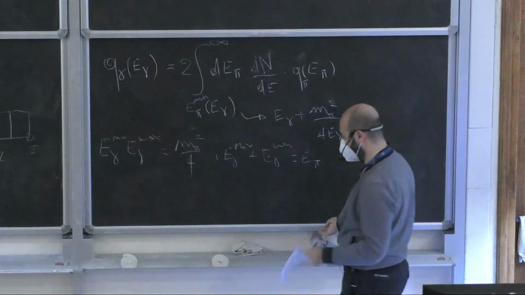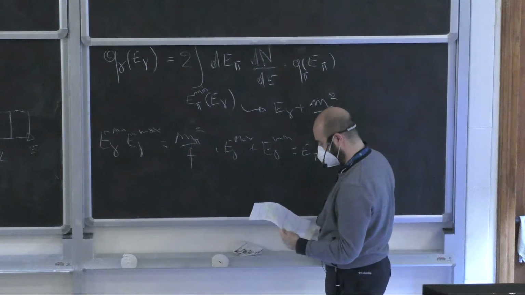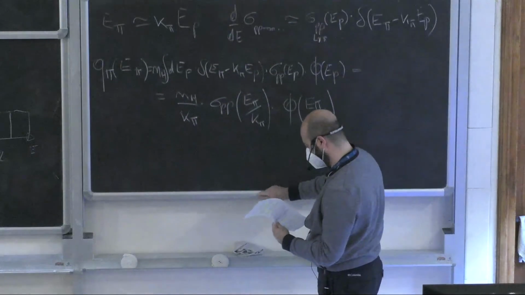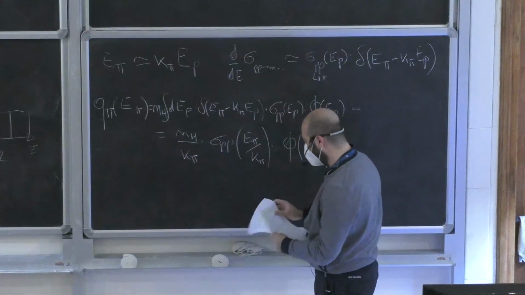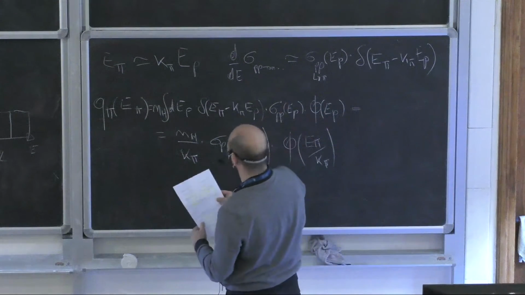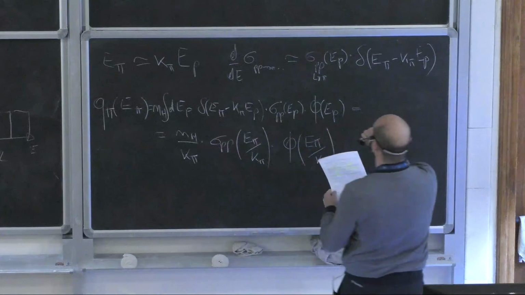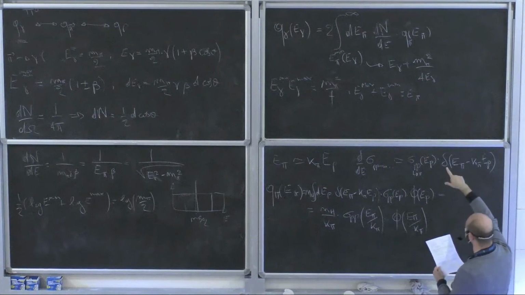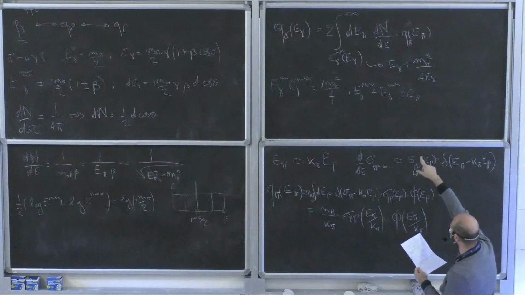So for a given energy E pion, the maximum energy of the photons you can write as E pion minus E gamma min.